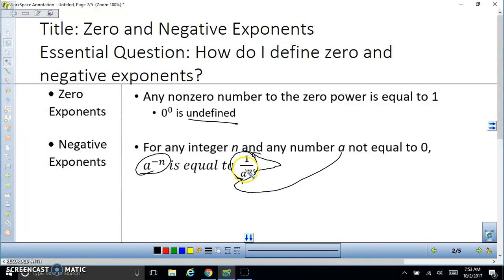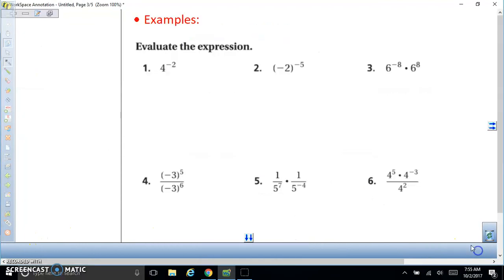It's a fraction with that exponent. Alright, let's go try some examples.